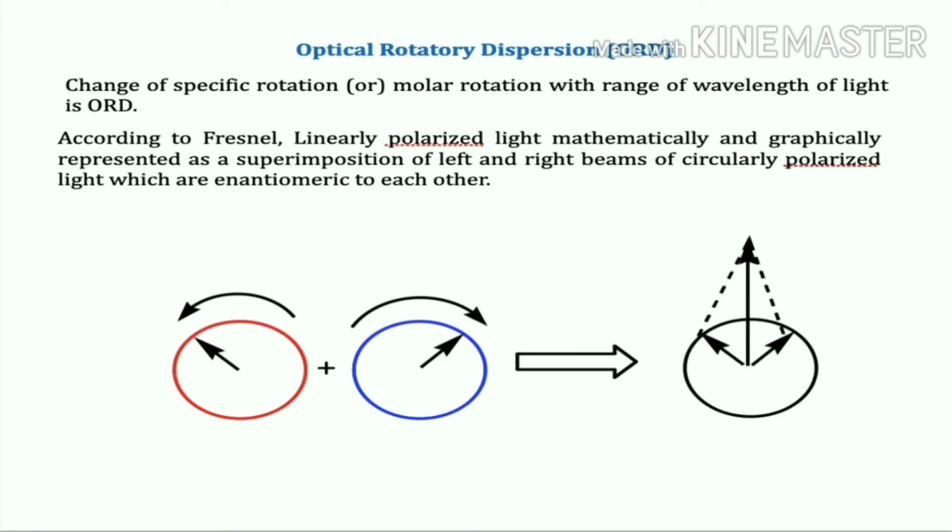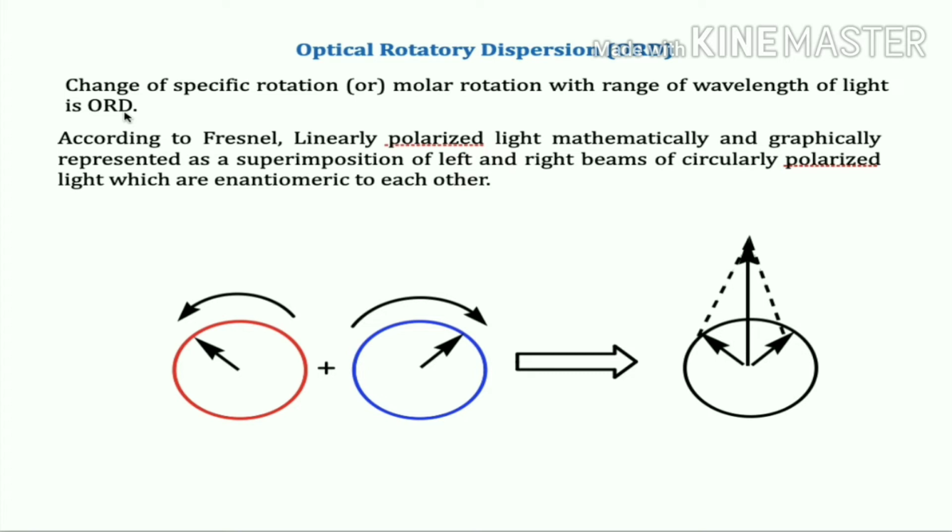Next is optical rotatory dispersion, also abbreviated as ORD. Optical rotatory dispersion is the change of specific rotation or molar rotation with a range of wavelengths of light. It is very similar to optical rotation.